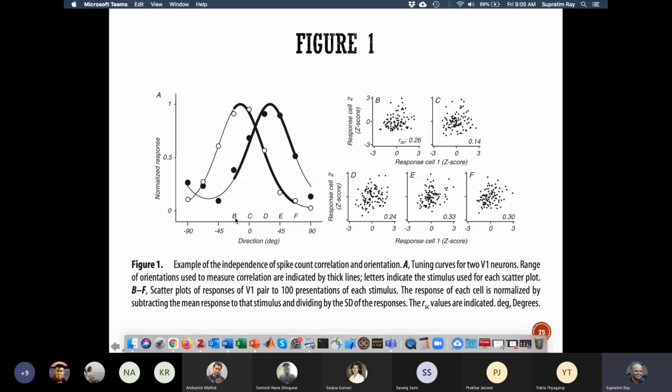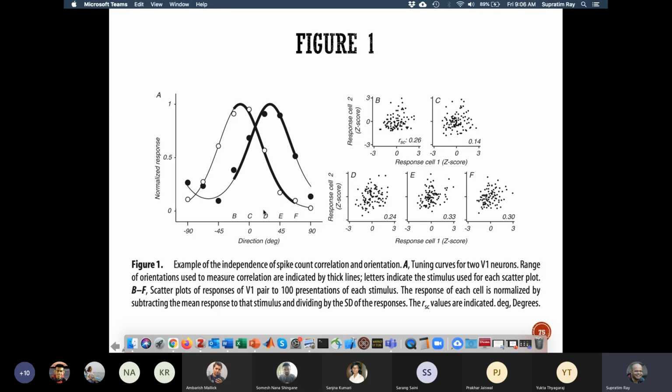Now suppose I have presented a stimulus at 0 degrees. I have given you two neurons, but for us only a single orientation. The 76 trials that you have in your data set are all for a particular orientation. If I change the orientation, I can do this experiment for some other value as well, and then I could generate tuning functions like these. In fact, we have done it for different orientations, I just gave you data for one.